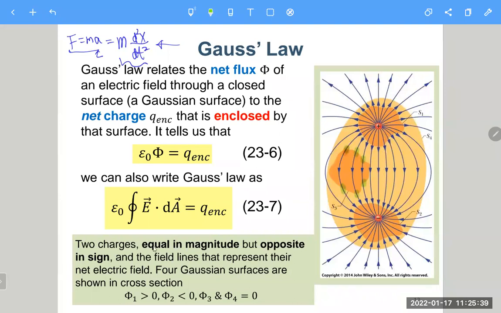So as I said, it is equal in magnitude but opposite in sign. So when you add them together, it's zero charge inside S4. So according to Gauss law, Q enclosed for S4 is also 0, and so phi4 is also 0. So this is a simple demonstration for the Gauss law. Okay, any questions?